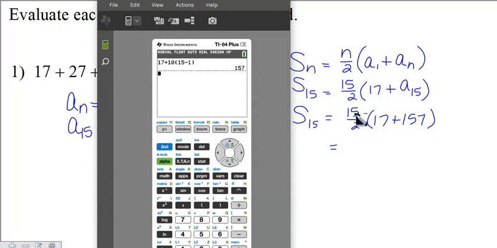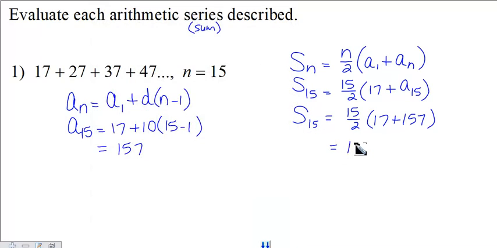If you want to put a fraction into your calculator, you're going to use alpha y equals enter. So the sum of the 15 terms in this arithmetic sequence is 1,305.